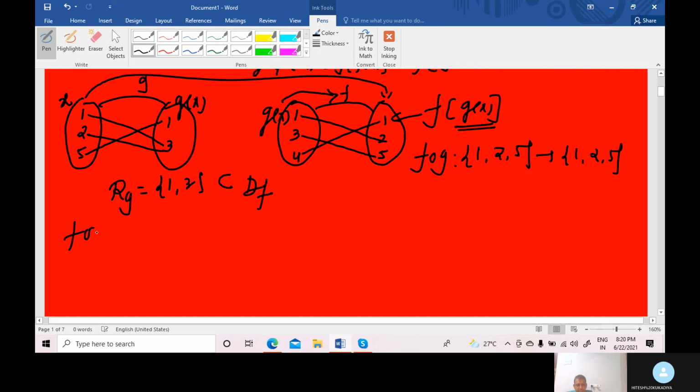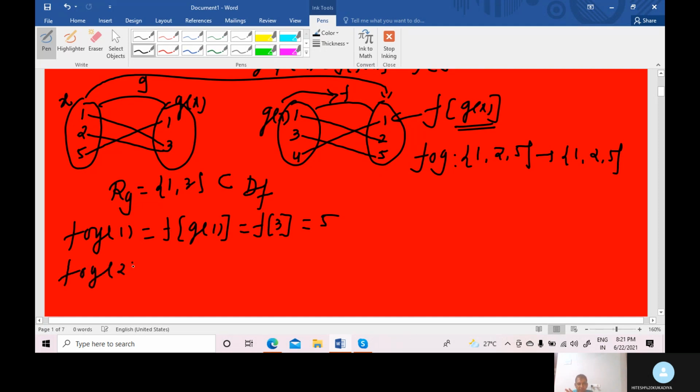Now calculate here. (f∘g)(1) is f of g(1); g(1) is 3 and f(3) is 5.